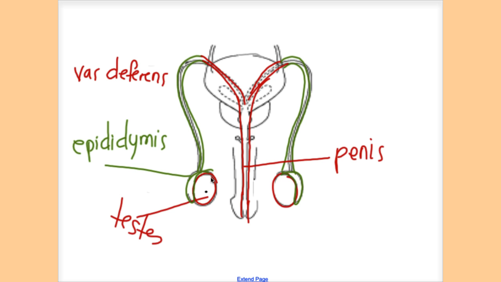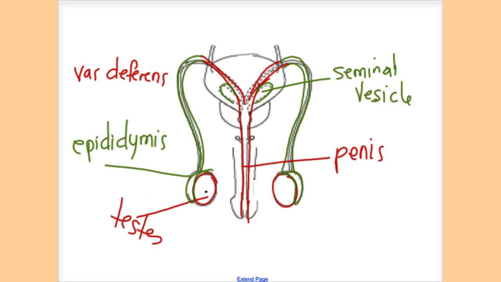Now, there are some other structures that are of importance. I would not go into them in detail, but you should know that these are glands that produce semen, and this gland right here is called the seminal vesicle.